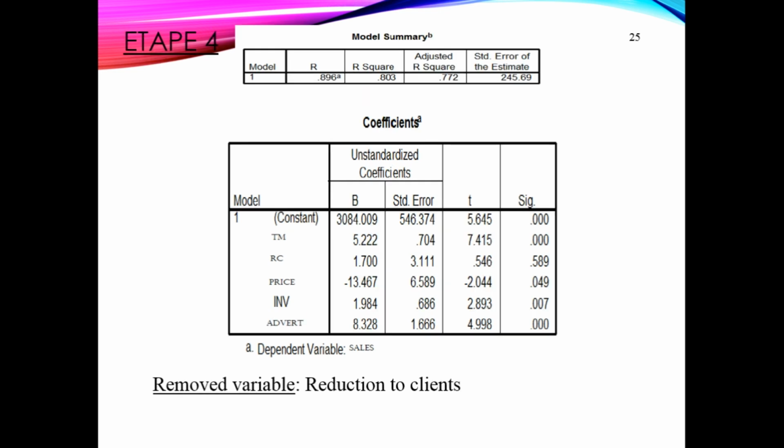At stage 4, you see that there is also a variable, the reduction to client, that is still not significant in our model. So we will remove reduction to client and go to the final stage, because all other variables are significant at the 10% threshold, 10% risk.